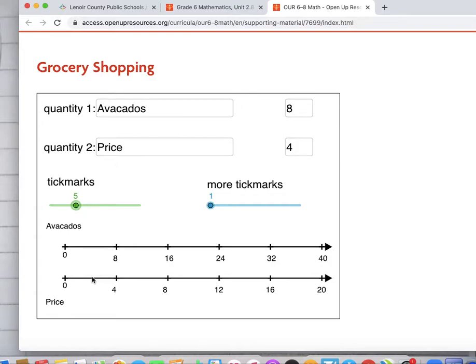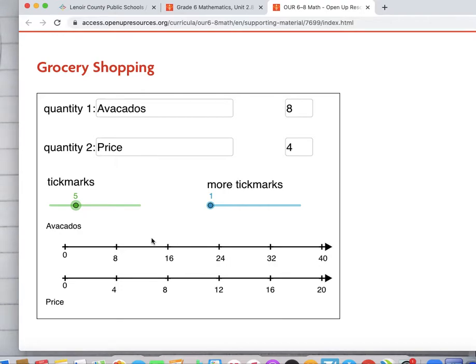How much does each avocado cost? What's the relationship between avocados and price? Okay, we know it's going to be somewhere between 4 and 8. And you should be thinking that price is half the number of avocados. So if we're looking for 9 avocados, what is half of 9? And of course, that's 4.5.